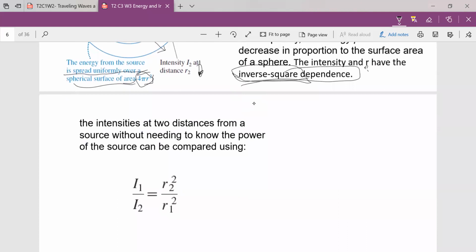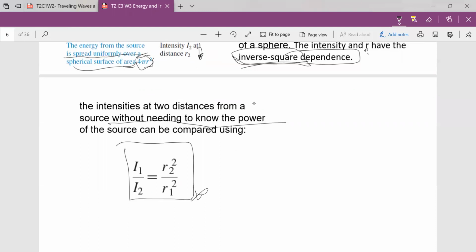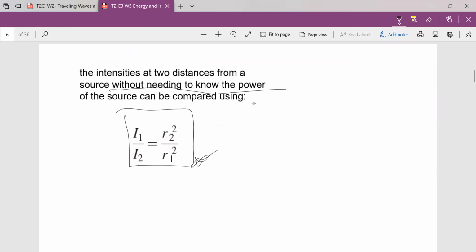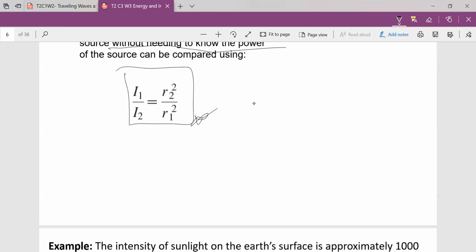So if we have two systems and want to compare the intensity at two distances from the source without needing to know the power of the source, we can use the relationship I1 over I2 being equal to R2 squared over R1 squared. This is when we want to compare the intensity between two sources when we don't have to know the power.